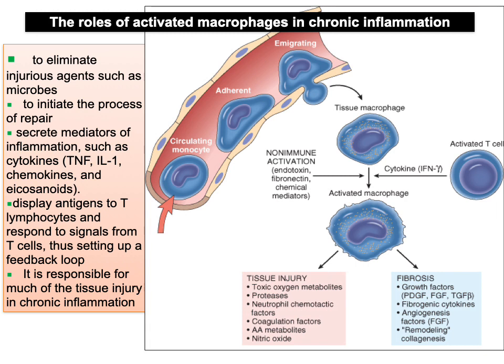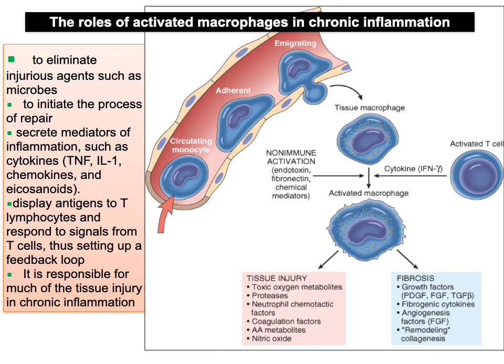Okay? It will also secrete mediators of inflammation, which will orchestrate the immune system. Okay? And then it also participates in a process called antigen presentation to T lymphocytes. And we will be talking about that later. But the end result of antigen presentation to the T lymphocytes is that the T lymphocytes will secrete more cytokines, further augmenting the chronic inflammation.